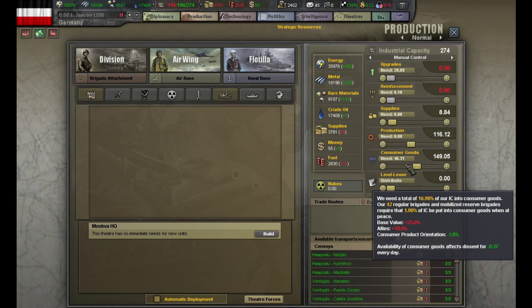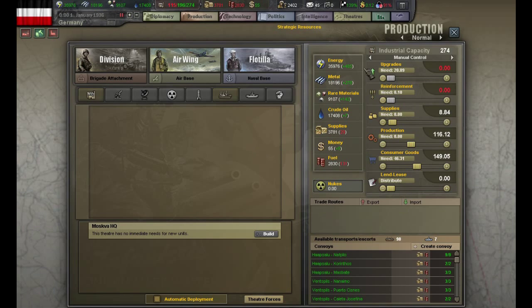For every military unit that you have deployed, you need a certain amount of consumer goods to keep the population happy. When you've drafted someone or you have a standing army, you do need to dedicate your industrial capacity to producing things like microwaves and refrigerators.